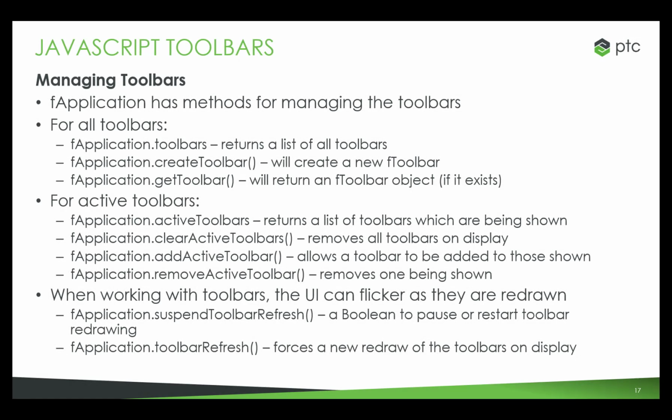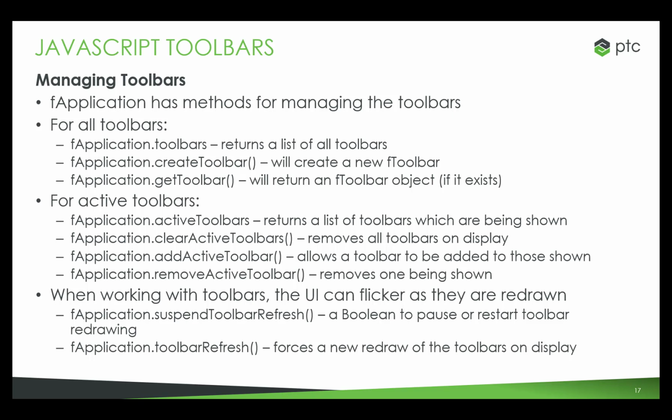As we've already seen, the application object has methods to create and get toolbars, but also you can see a list of the toolbars which layout developer or layout editor is aware of, and that's available through application.toolbars. There's also methods to manage the active toolbars. So application.activeToolbars returns you a list of the toolbars which are currently being shown in the interface.